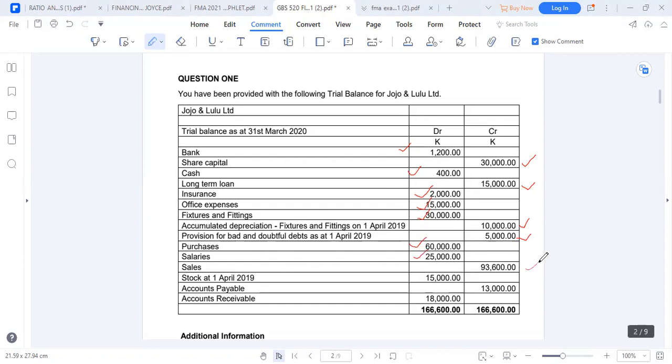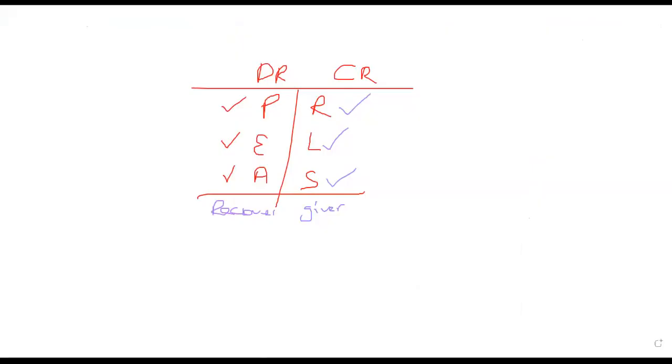Sales from payrolls are on the credit side. Stock is an asset. Accounts payable are creditors. And accounts receivable is a what? Debtors. Debtors have a debit balance. All right, together, so we are fulfilling this term that we're using called payrolls.